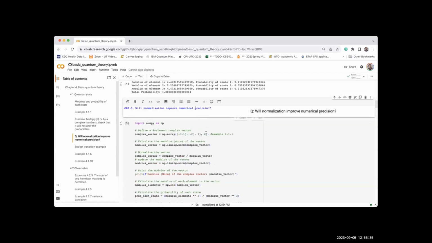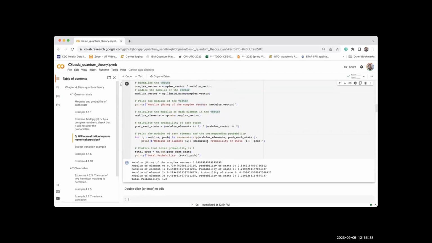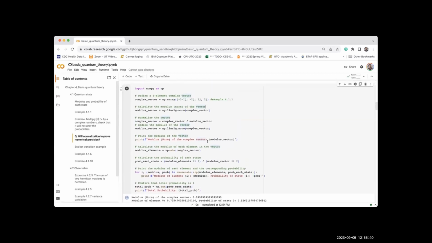Just for grins, as long as we're playing around, can we make all 4 elements of the original vector equivalent and make sure that the probability distribution comes out even? Sure.